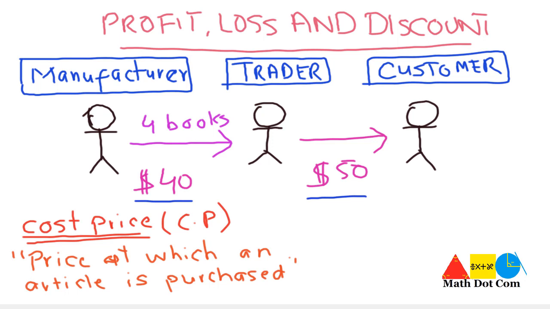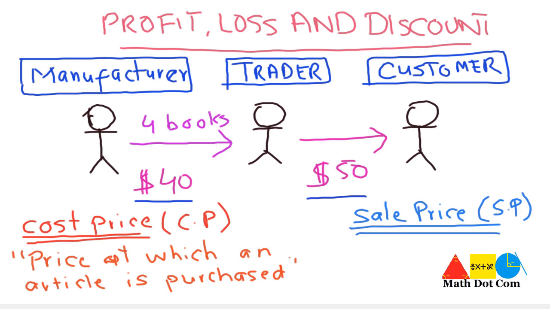Okay. Now another terminology here is sale price, and it is abbreviated as SP. Now what is sale price? Sale price is the price at which an article is sold.